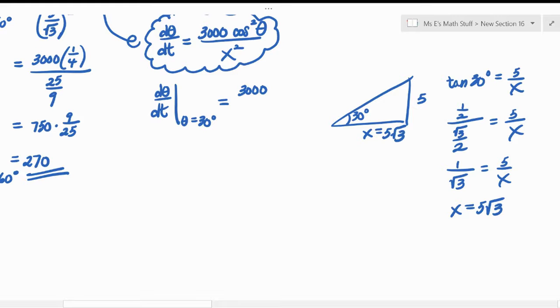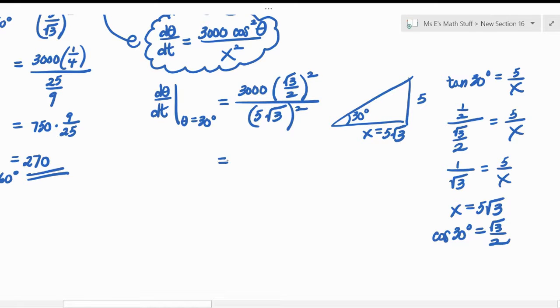Okay, and then what would cosine of 30 degrees be? Root 3 over 2. So we're just going to put these things in. Cosine of 30 is root 3 over 2, and x, we just found, is 5 times square root 3.